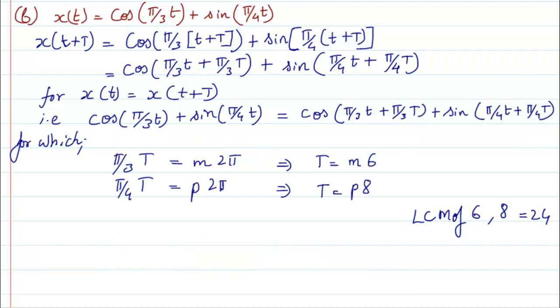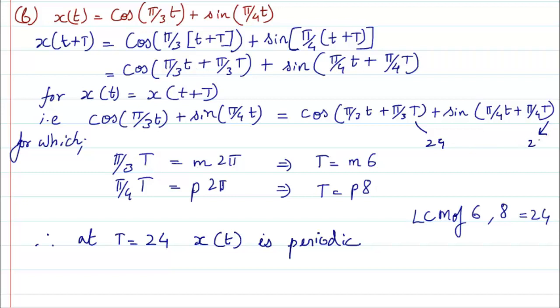So how do we write this? Therefore, at t equal to 24, x of t is periodic. And you can check this. That means if you substitute 24 for t here and 24 for t here, then you will get this value as 8 pi and this value as 6 pi.